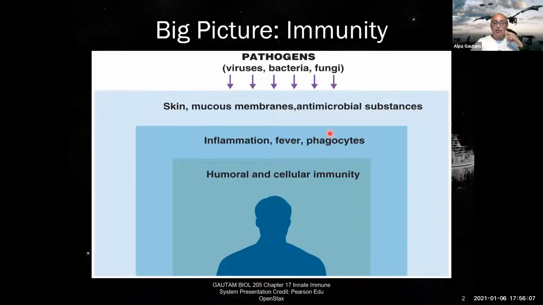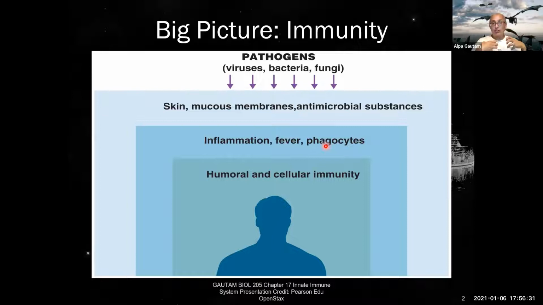And phagocytes. So cyte means cell. A phagocyte is a cell that goes through a process called phagocytosis. Phagocytosis is simply endocytosis, where the cell takes in something from outside, right? But phagocytosis is bringing in that component into the cell and then destroying it.